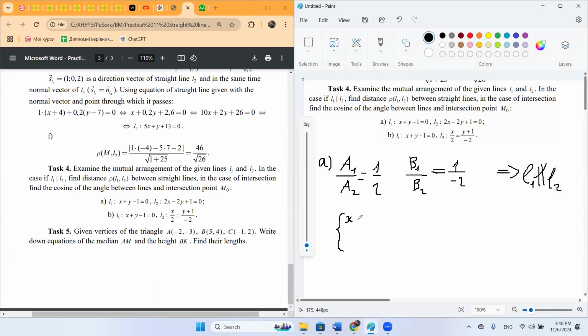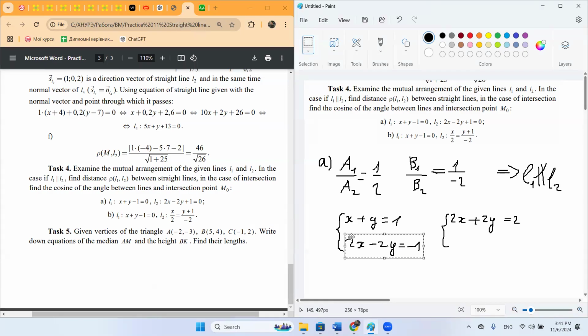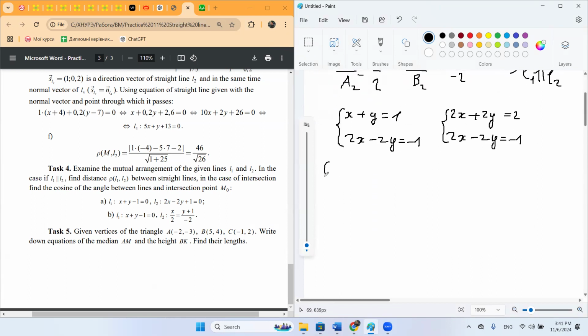So let's do it. x plus y equals 1. We are solving an equation system. x minus 2y equals -1. I will multiply the first equation: 2x plus 2y equals 2.